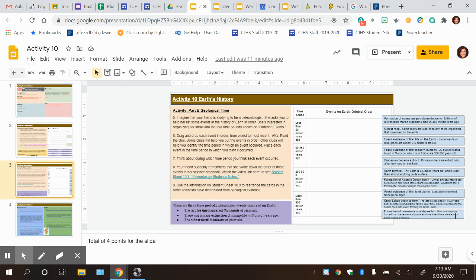Formation of numerous coal deposits. Most coal deposits form from the remains of plants at a time when there were a lot of plants but no dinosaurs.